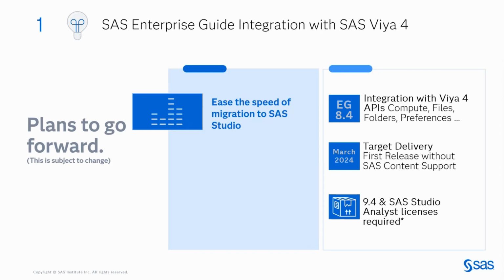Siellä annettiin tavoiteaikatauluksi ensi vuoden Q1, niin katsotaan, tuleeko se silloin ja missä kunnossa julkaistaan, jos se julkaistaan silloin. Ja sitten pitää olla tietysti lisenssoituna SAS 9.4 jollain tavalla ja sitten SAS Studio.